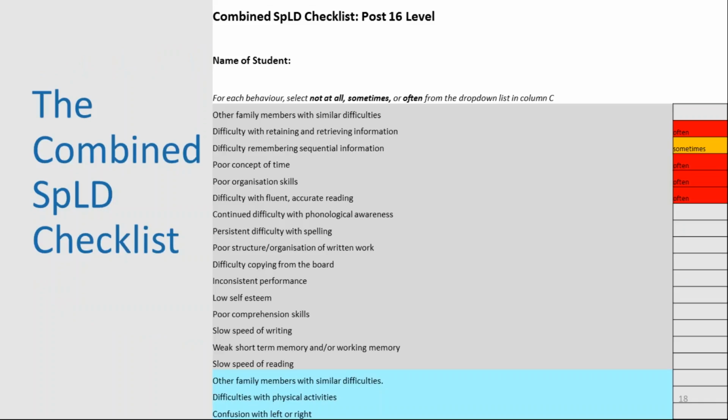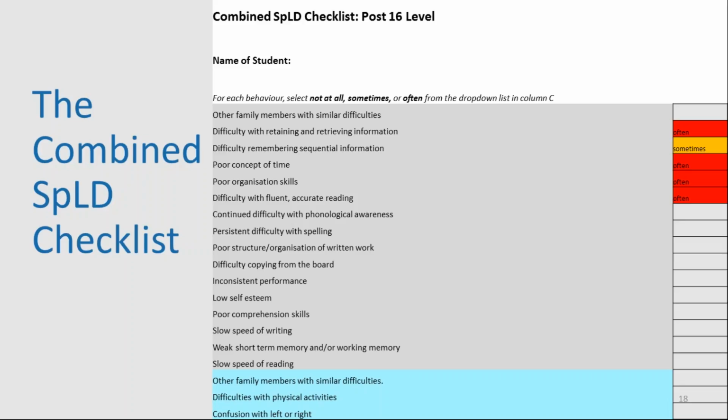So, the combined SPLD checklist. Now, this is a checklist that we've developed, and it pulls together all of the behaviours and indicators associated with a range of SPLD. So that's going to include dyslexia and DCD and ADHD, ASD.